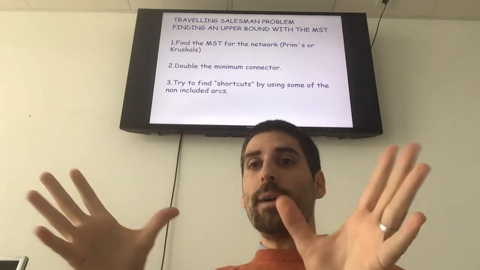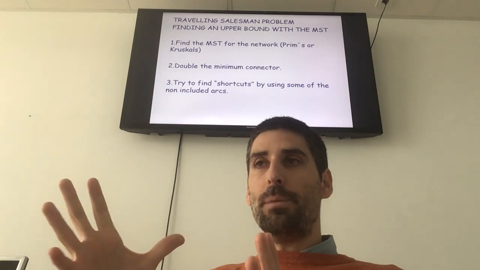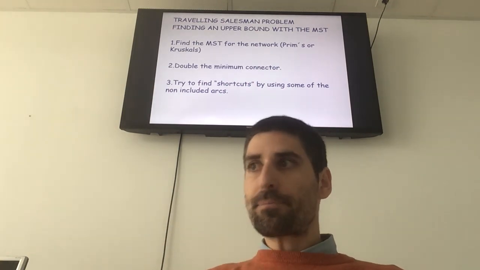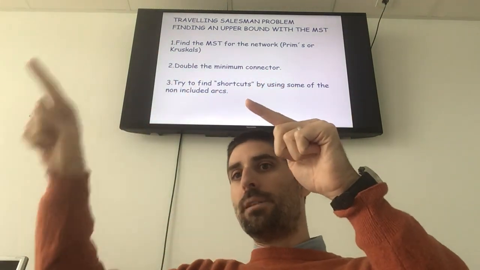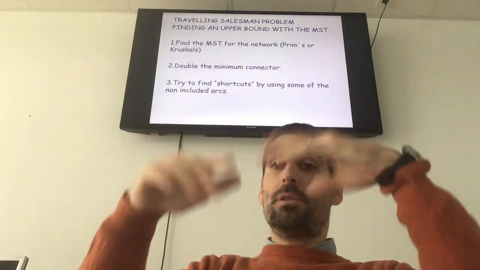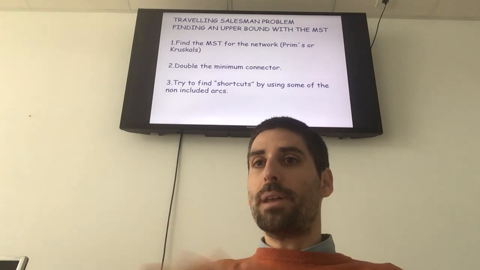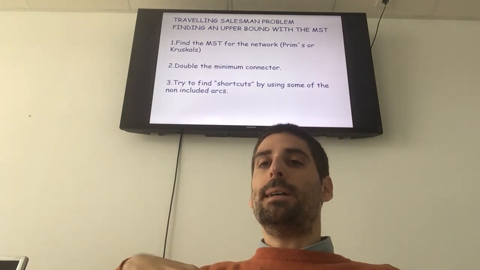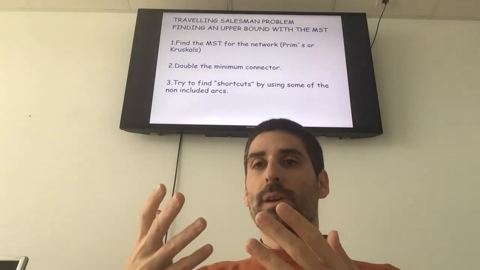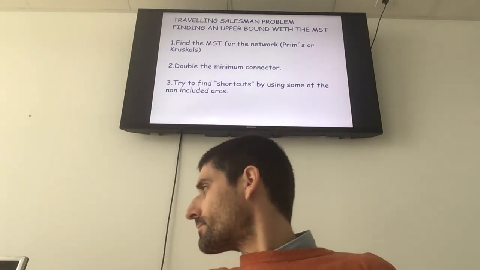Then you find the weight of that minimum spanning tree, you double it, because the idea being that you travel along the minimum spanning tree and then you come back, because you have to come back to the starting point. That's why we double it. And then we're going to look at trying to find shortcuts, okay?